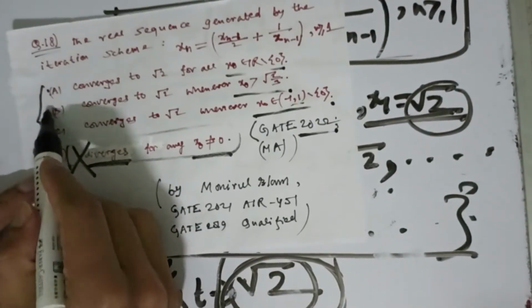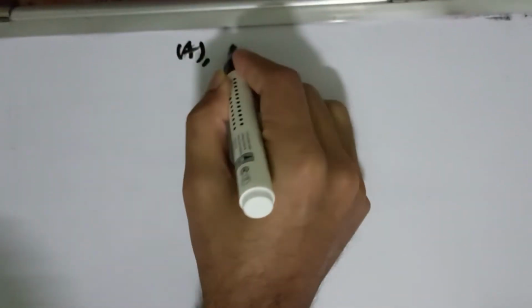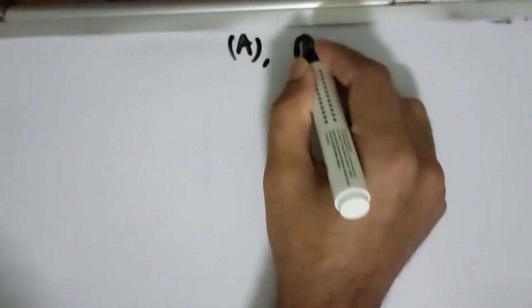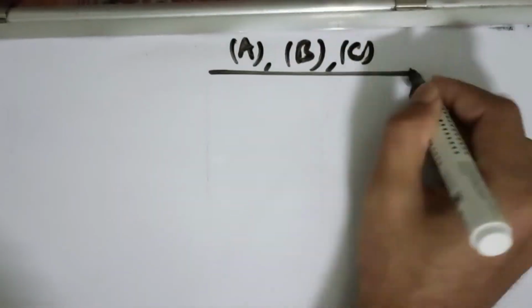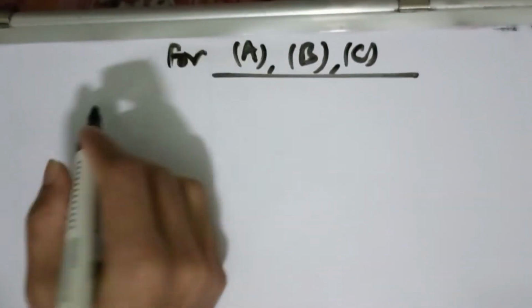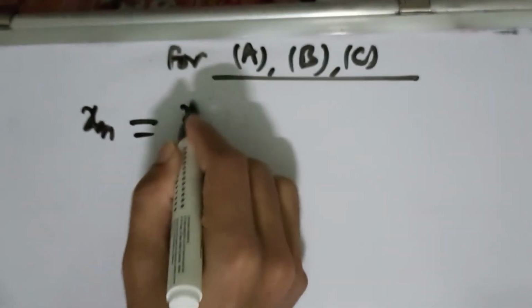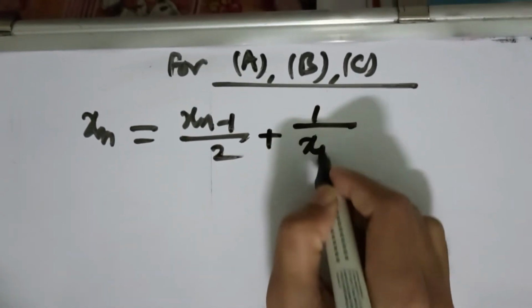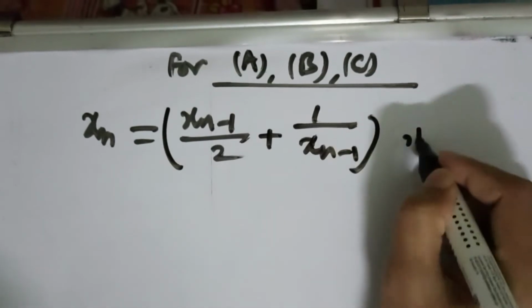For option A, B, C, what is the scheme? xn equals xn minus 1 by 2 plus 1 upon xn minus 1, for n greater than 1.